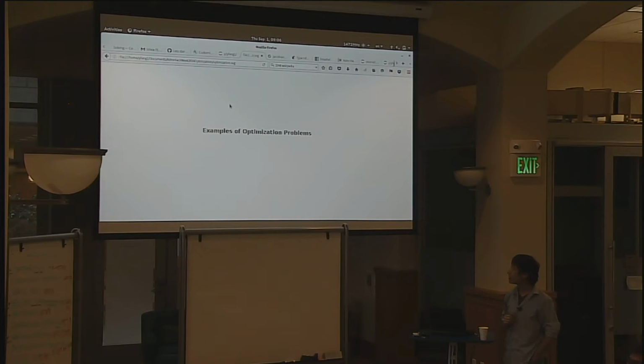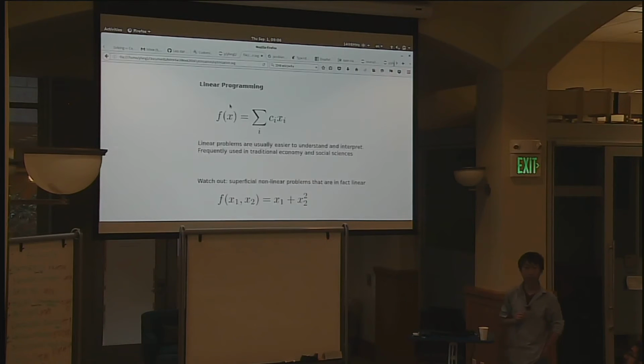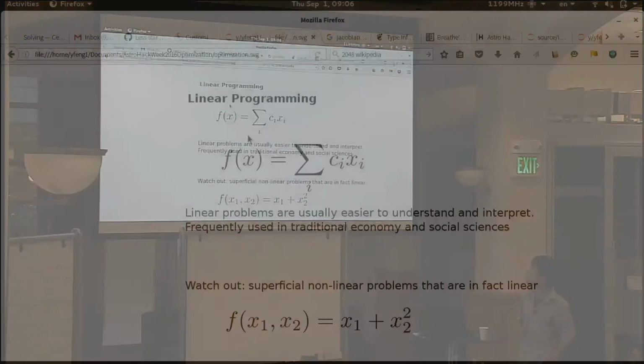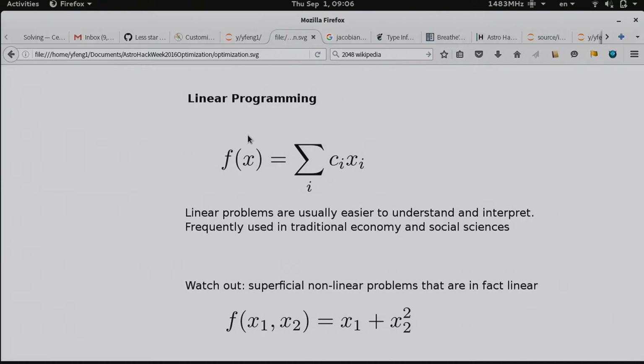In the normal form, there are several types of optimization problems, and we'll look at a few examples. There are many of them, and you can combine terms and come up with new types. The first type is what we call linear programming. That's when the objective function is a linear combination of the variables or the parameters. These linear problems are usually easier to understand and interpret.